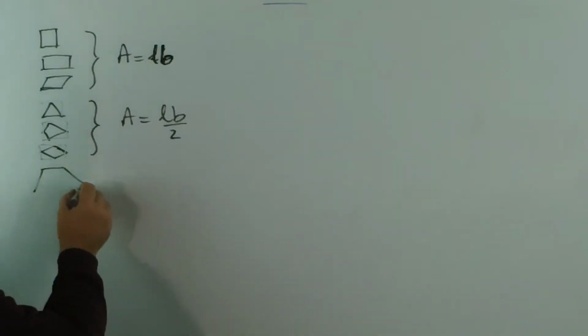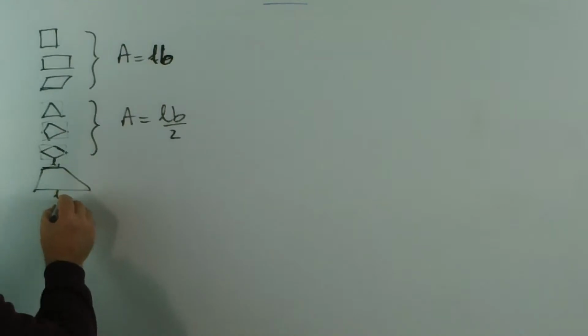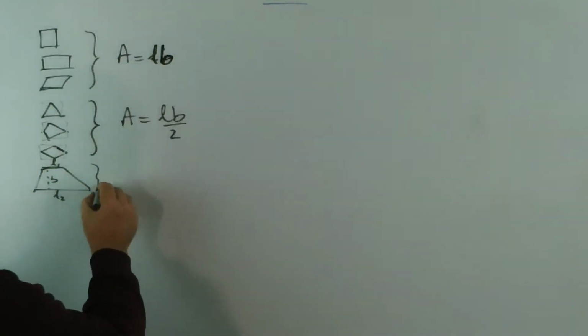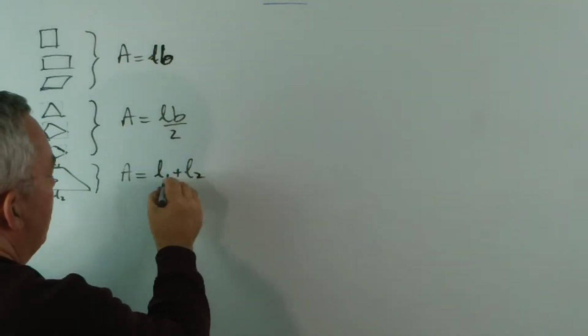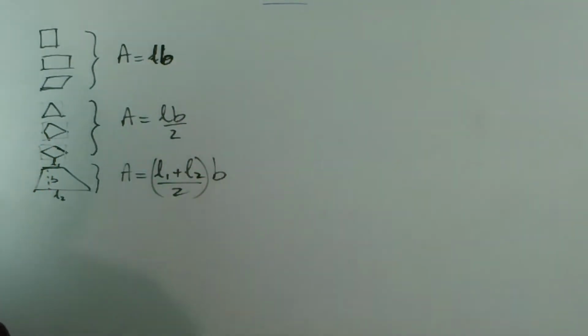We worked out that the area of a trapezium with 2 lengths and a breadth was length 1 and length 2 divided by 2, in other words, average length times breadth.